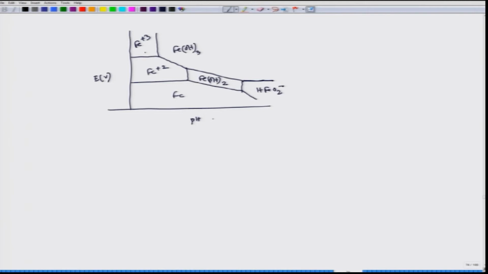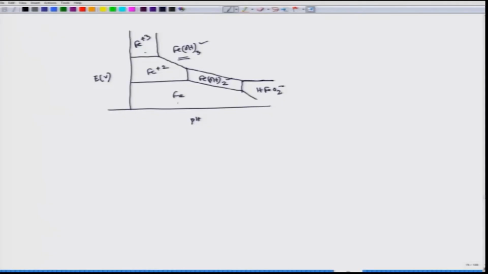Now, here also this phase and this phase, they are insoluble phases with a very low solubility product. When they form, they try to form on iron surface and they try to passivate. But here this is remaining as iron.